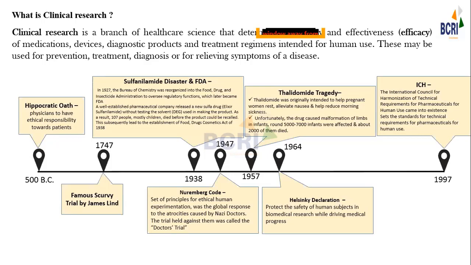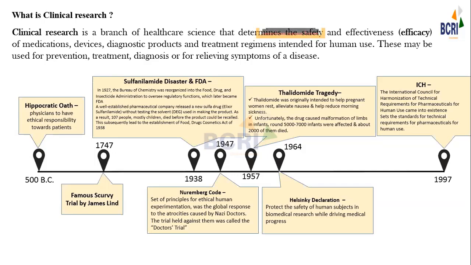Okay, and these two disasters, as I mentioned, paved the way for the establishment of what we currently call the ICH guidelines. ICH guidelines are basically the Bible for the entire world to follow in clinical research.